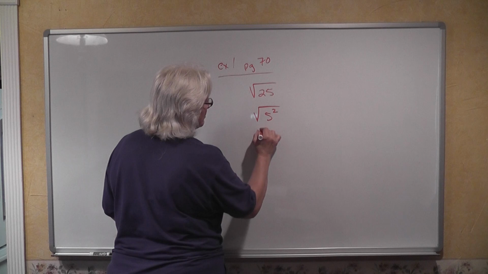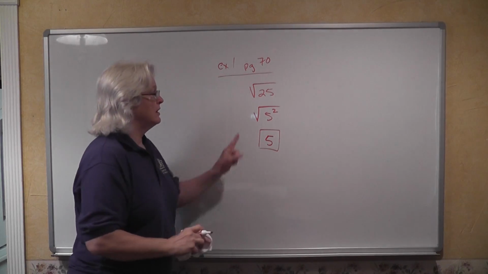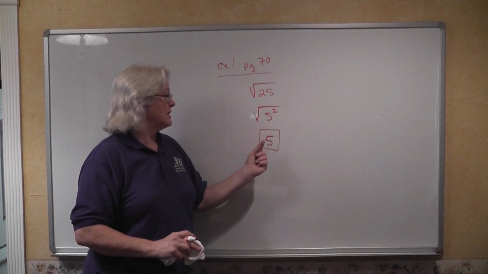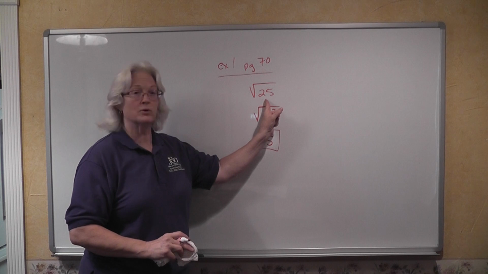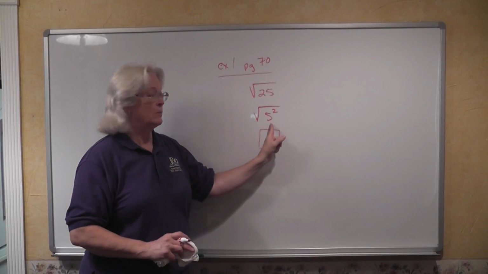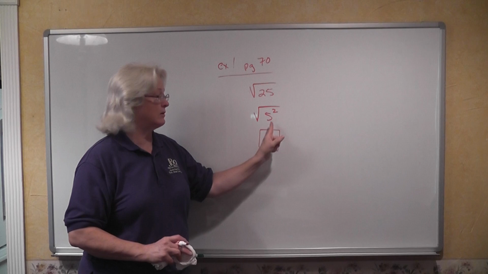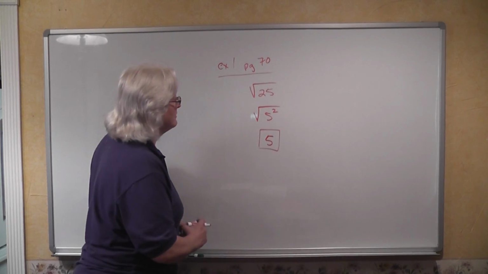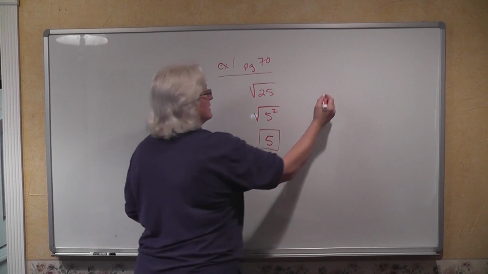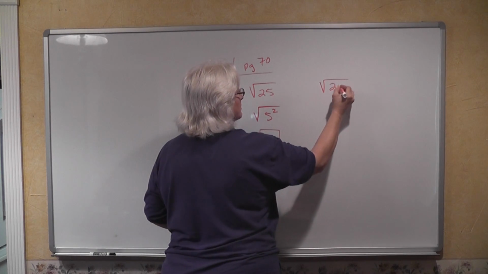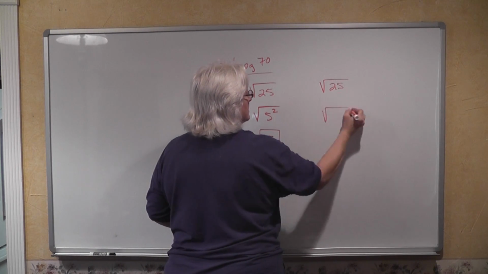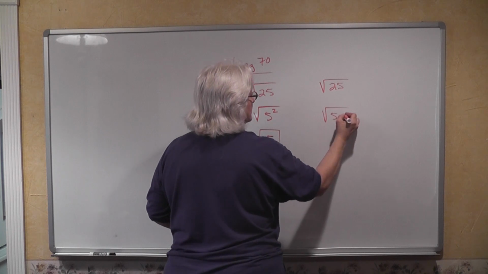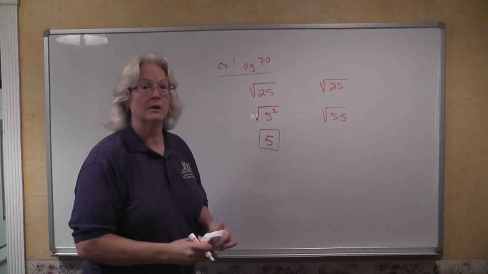So if the square root of a number is one of that number's 2 equal factors, we have 2 factors of 5 here, then the square root of 25 has to be equal to 5. Another way that we could have written this, we could have said that the square root of 25 is the square root of 5 times 5.